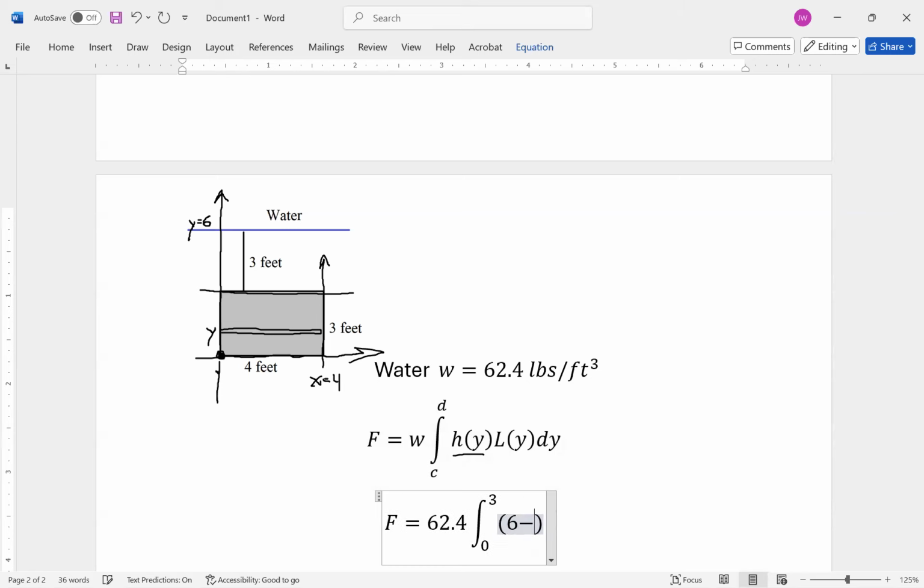So once again, 6 minus y is the depth of an arbitrary rectangle, and the length of that rectangle, again, goes from x equals 4 down to x equals 0. I just have to integrate this. Obviously, you can do this by hand if we'd like, but as usual, I will just plug things into my calculator.